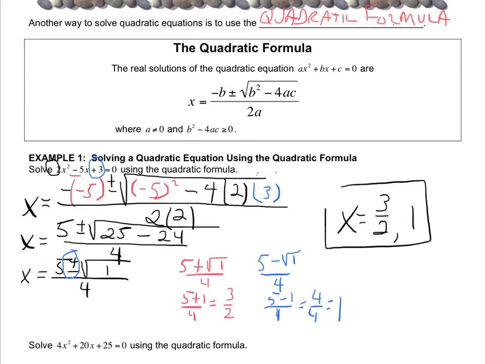So both 3 halves or 1 will be the solution to this quadratic. And again, if I decide to graph this, I should be able to find my 2 x-intercepts, or my solutions, or my roots on the 3 halves and on the 1. But that's how we can use the quadratic formula to get to the same solutions that we are looking for.